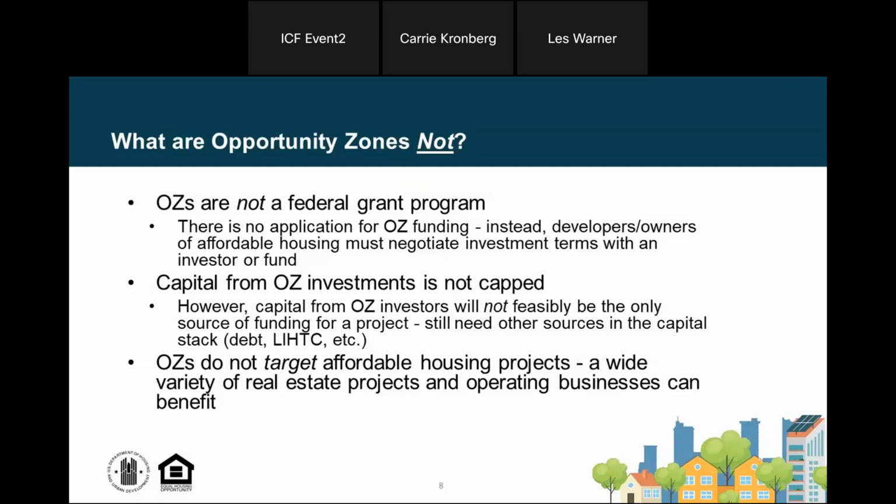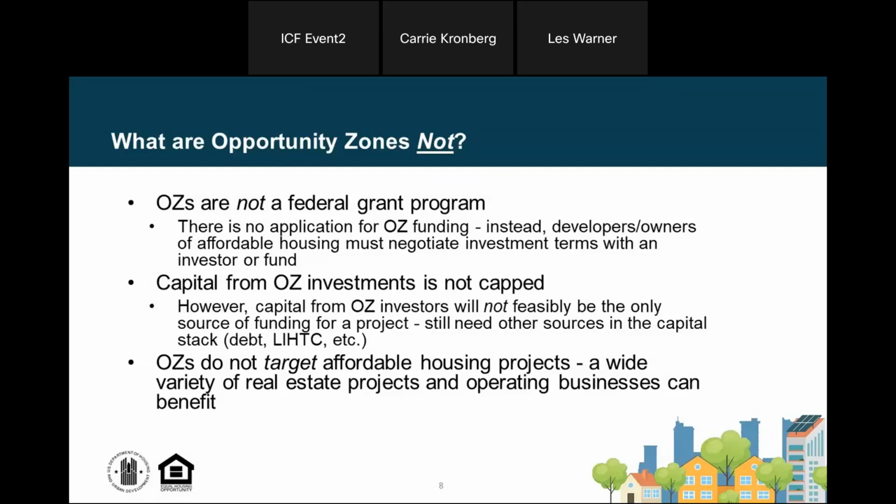The Opportunity Zone program is pretty different from that. There's no application for the OZ funding. Really it's developers and owners of affordable housing negotiating that investment term with an investor or a fund.